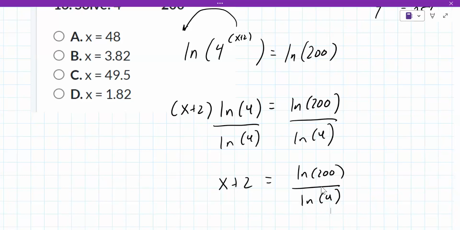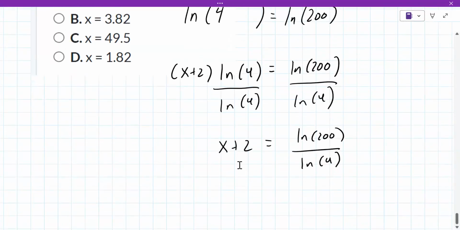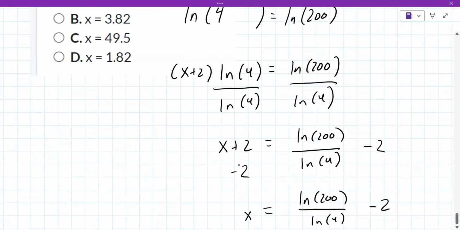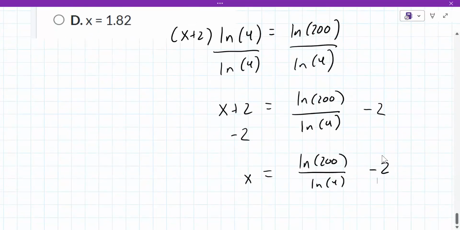All right. So now the last step here to solve for x is to subtract 2 from both sides, but there's nothing to subtract 2 from, so you just have to leave it off to the side. This is why we like that Desmos calculator, because you can just enter this in.